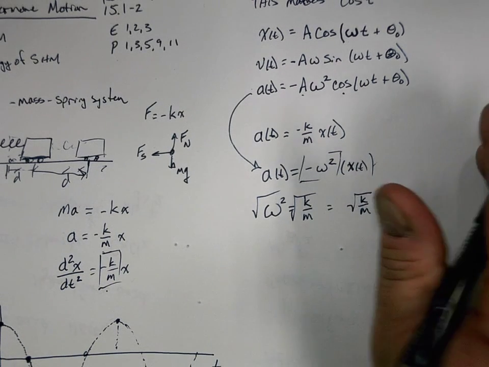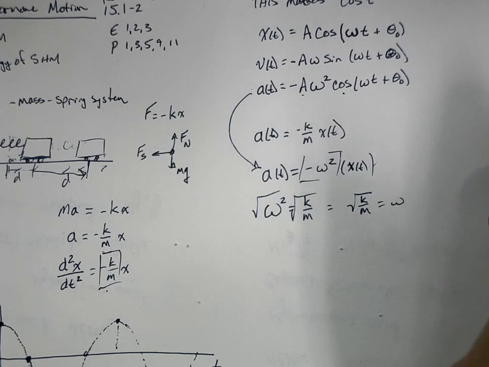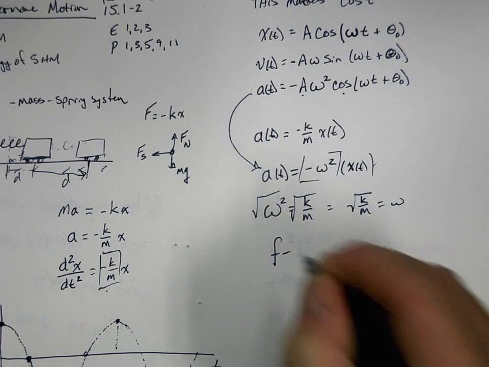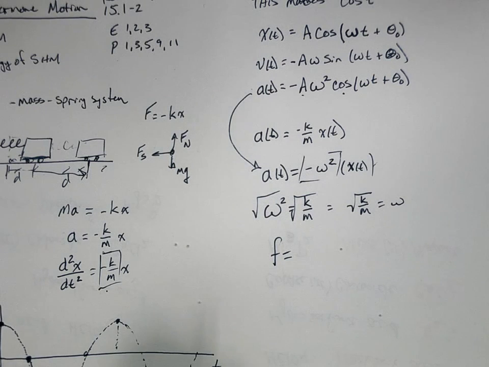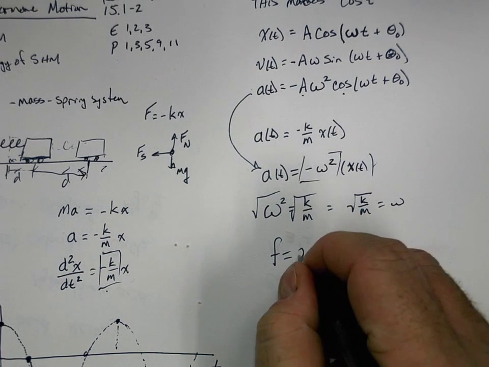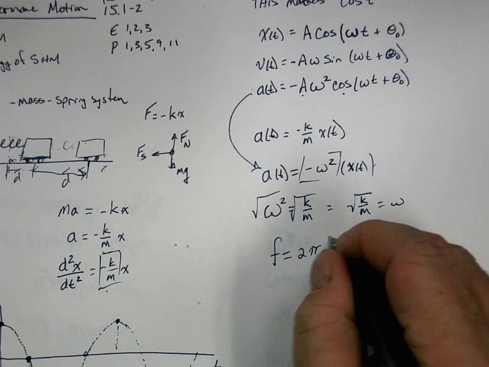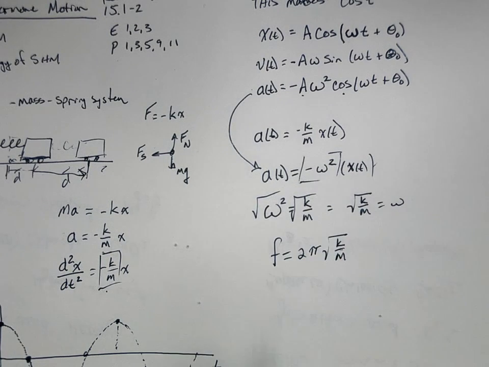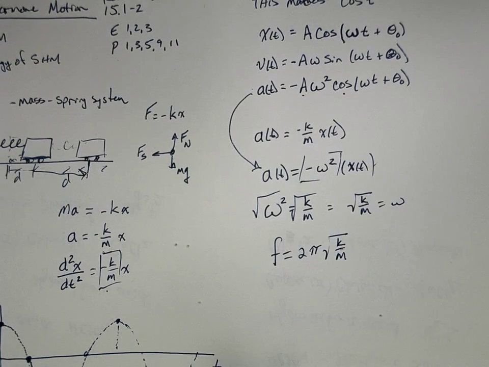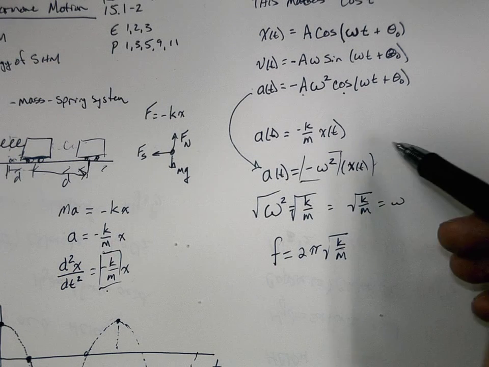So, how many radians are there in one full cycle of a circle? 2 pi. So, our frequency of rotation, how often we go around, our cycles per second, is equal to 2 pi root k over m.